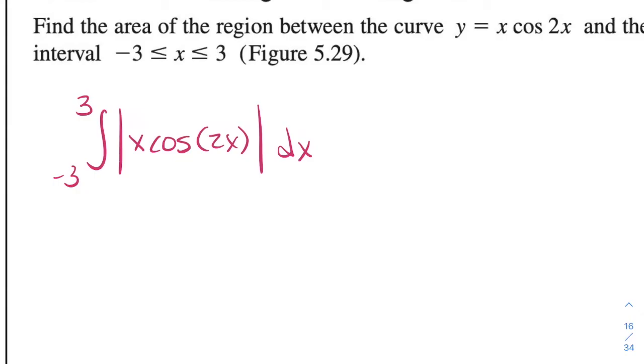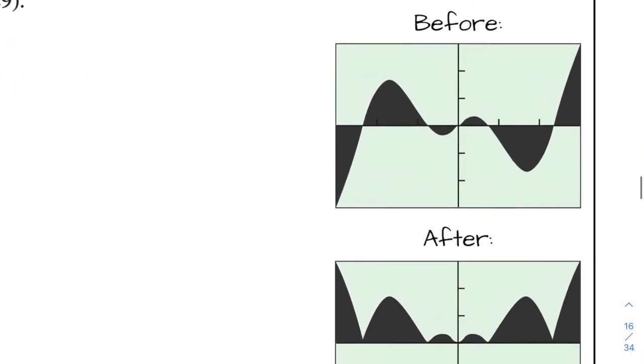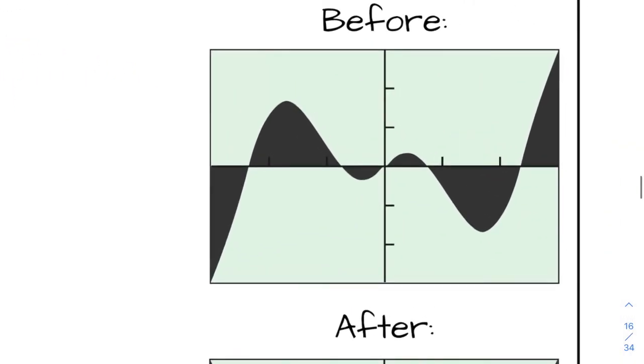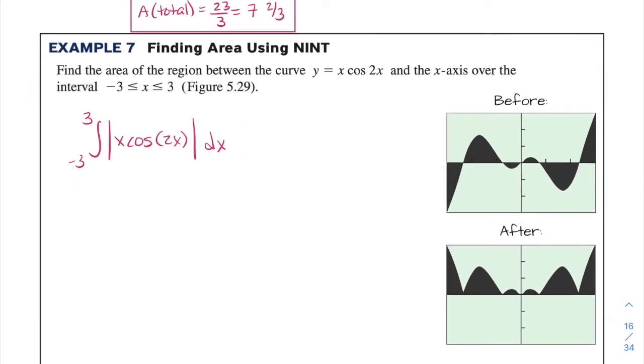And it looks like I get 0. Wait, oh, yep, I got 0 because, hey, take a look. I did the same amount of positive and negative area, so it wiped itself out. Not what I was looking for. I need to put in absolute value. So math, FNINT, -3 to 3.